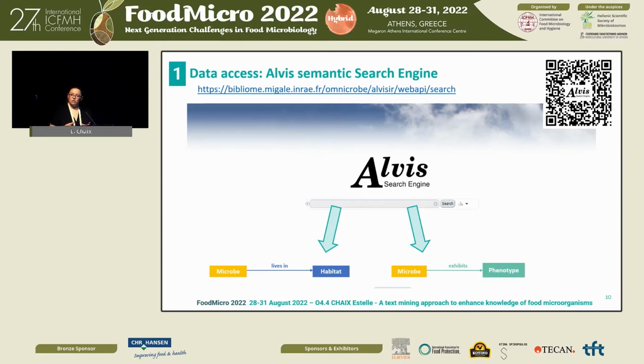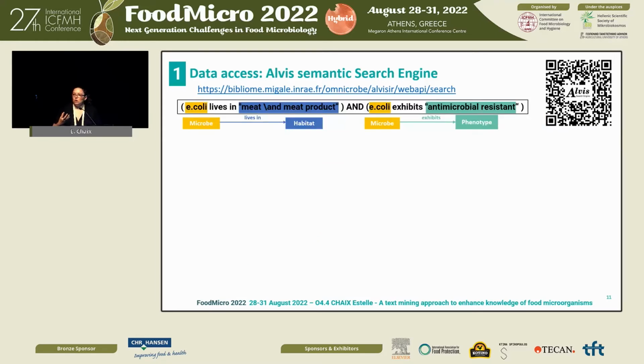So I can propose some queries about microbe, for example, lives in habitat. So I take here an example of a query. For example, if I want to search a text with E. coli lives in meat, for example. And I also want, in the same text, the text that explains E. coli exhibits an antimicrobial resistance. So I can type this kind of query.